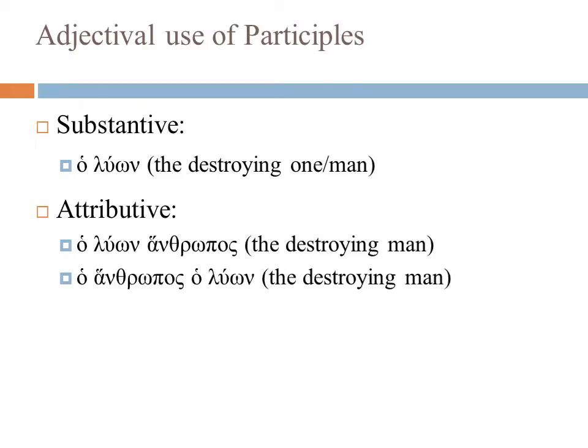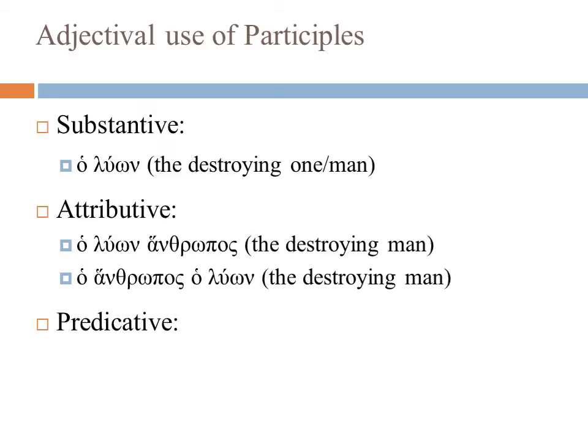There's two attributive positions. This is the most common, which is article noun, article adjective. Remember, this is a participle, but the participle is an adjective. So anthropos haluon is the destroying man, or literally the man, the destroying one. So this is the attributive position.